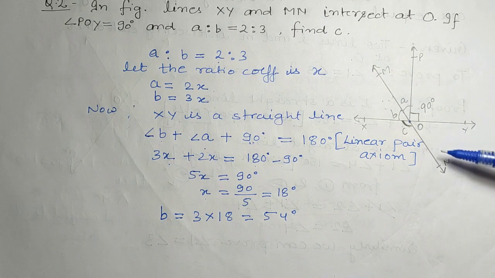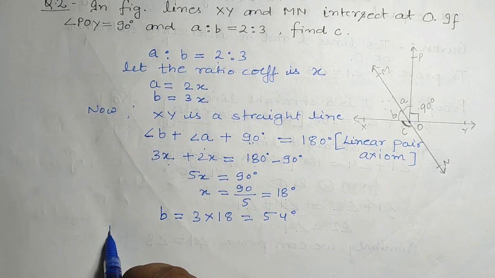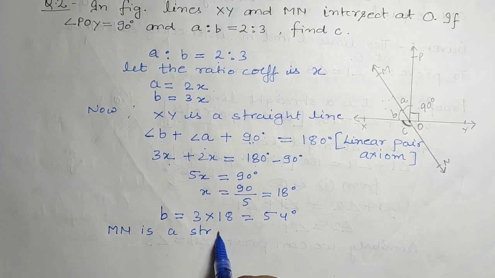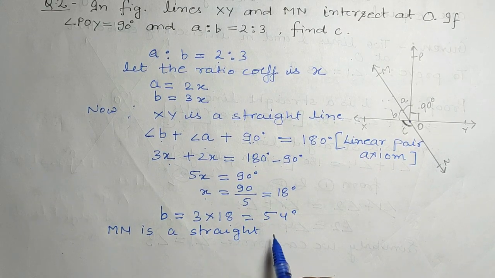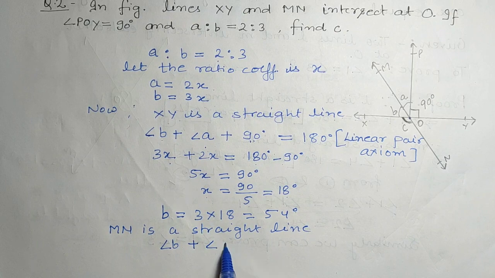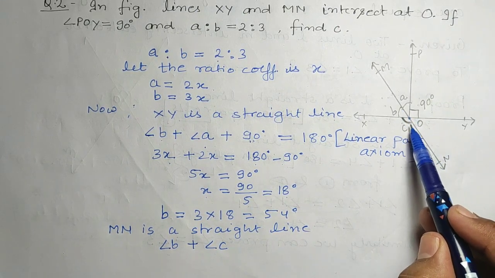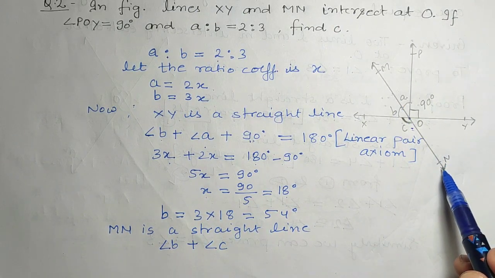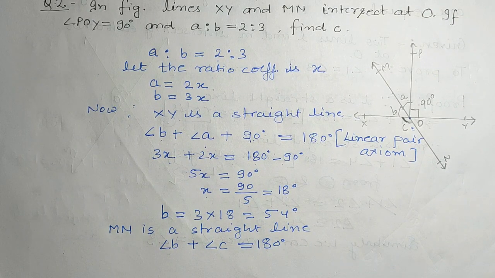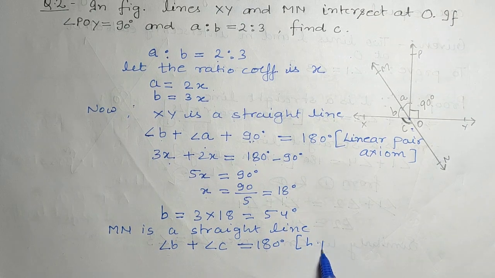Now see, this MN is also a straight line. If MN is a straight line, then angle B plus angle C are adjacent angles on a straight line. So the sum of these two angles should be 180 degrees. Why? Because of the linear pair axiom.